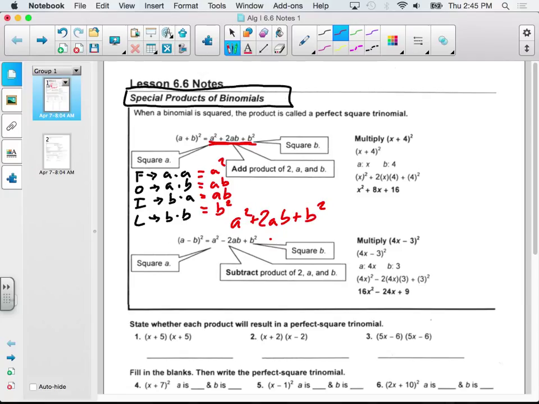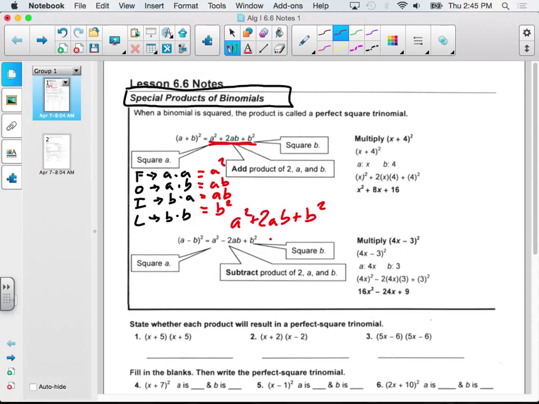So let's make sure we clarify that this only happens when you're taking a binomial times itself that has addition between the two terms. So like right over here, we have a binomial x plus 4 being squared, so it's multiplied by itself.